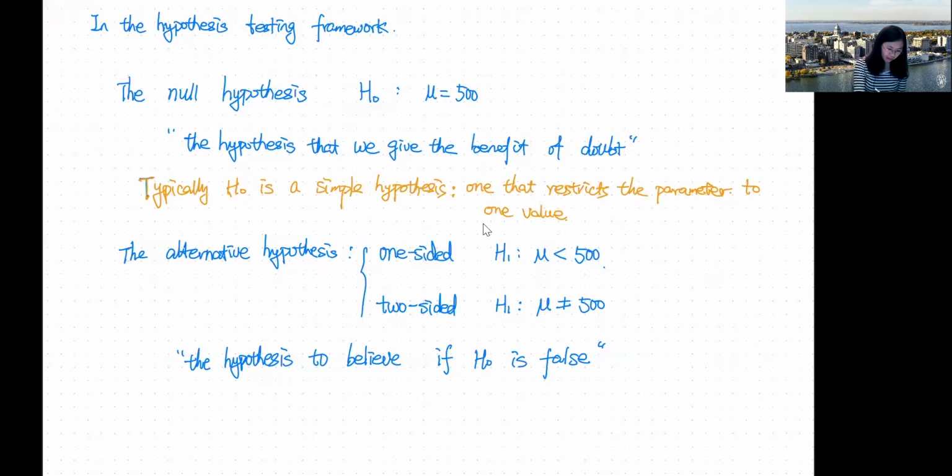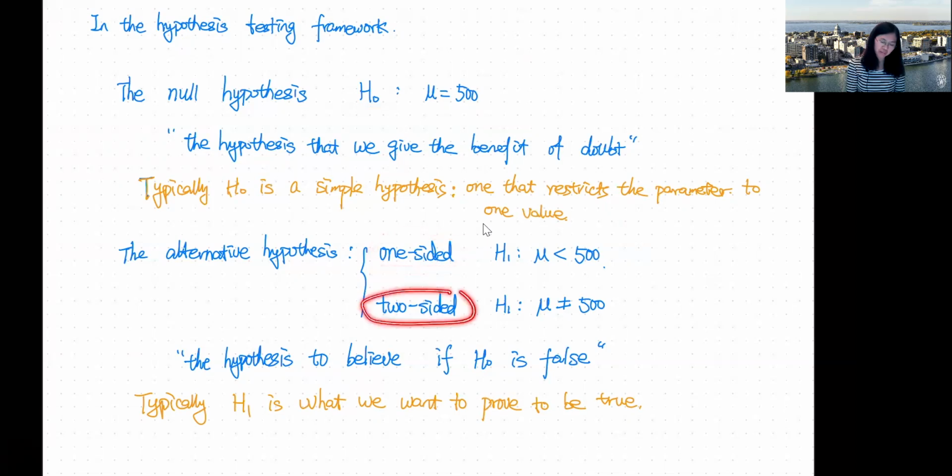In hypothesis testing, typically the alternative hypothesis is what we want to prove to be true. And you might encounter two kinds of alternative hypotheses.